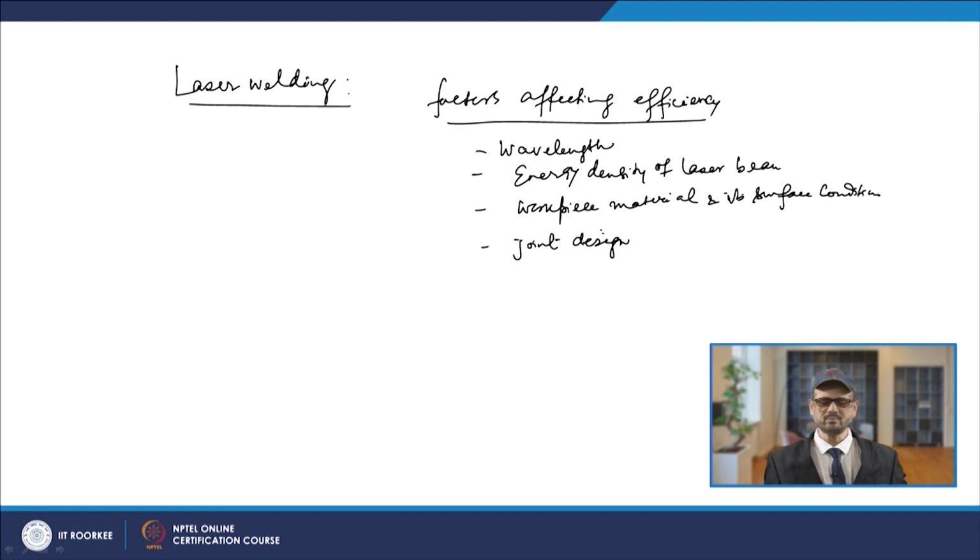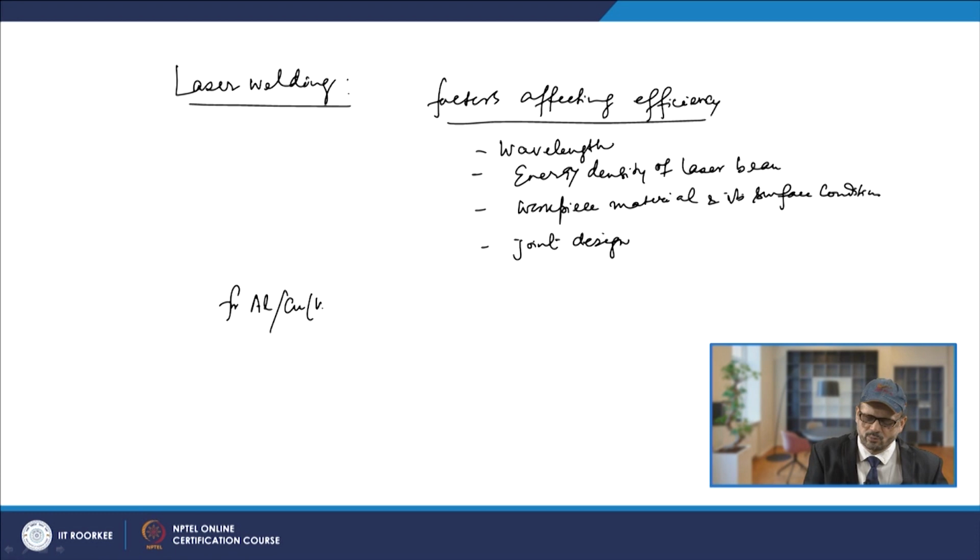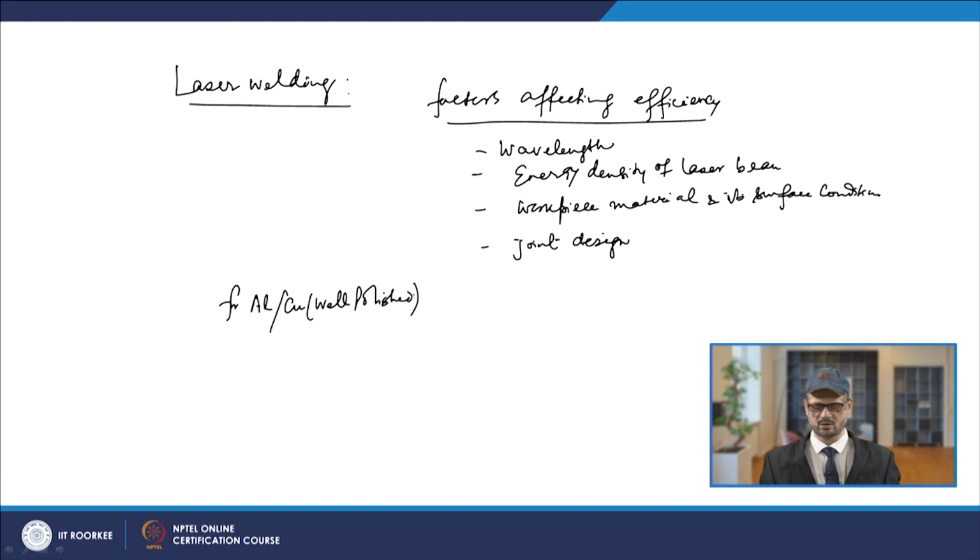For example, if you have a very well polished aluminum or copper surface, the surface reflectivity is quite high.